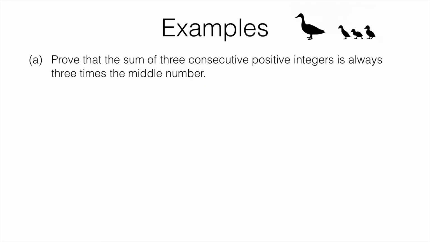Now, I'm going to show you the wrong way of trying to prove this that a lot of students try and do. What they do is they pick 3 consecutive numbers. They might go for 7, 8, and 9. Then what they would do is work out the sum of those 3 numbers.